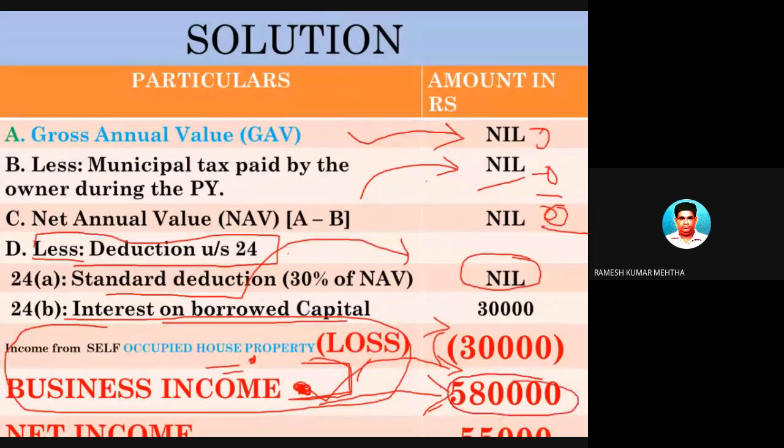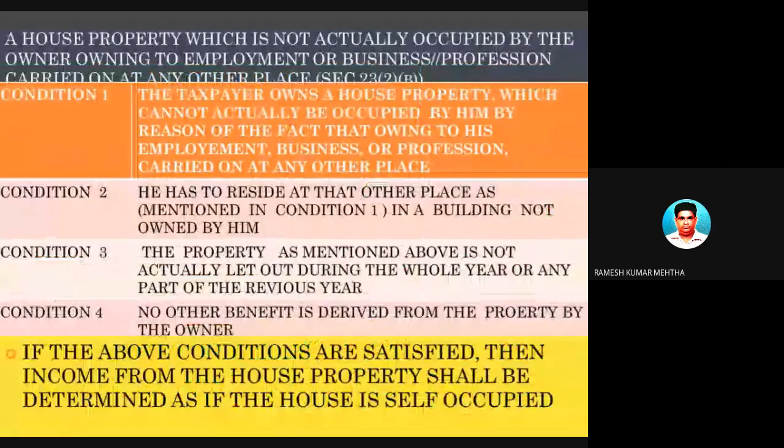The house property loss of 30,000 rupees can be deducted, and eventually he has to pay tax on 5,50,000 only. These concepts come under the sixth chapter, set off and carry forward of losses, and there we'll talk for at least 2 hours to understand the concepts of set off and carry forward of losses.